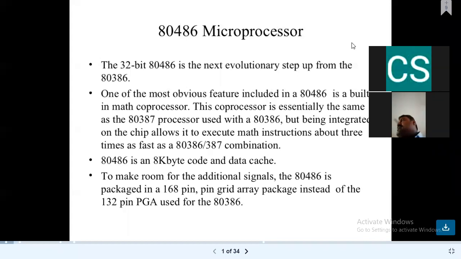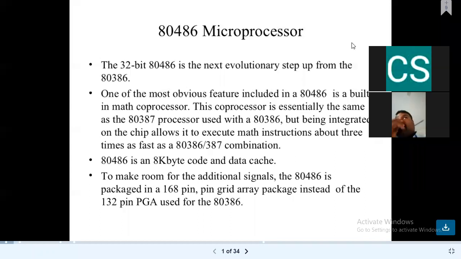So unit number 8 we already started. From that we covered 80286 and we covered 80386 in the last lecture.